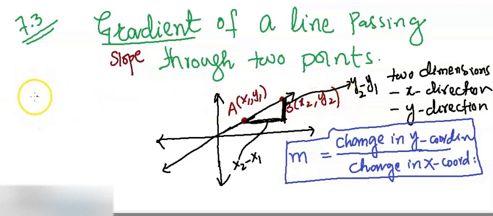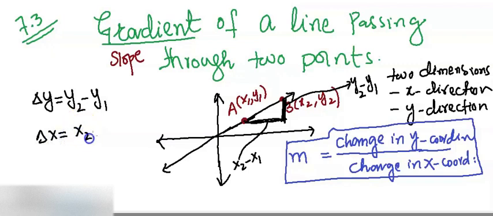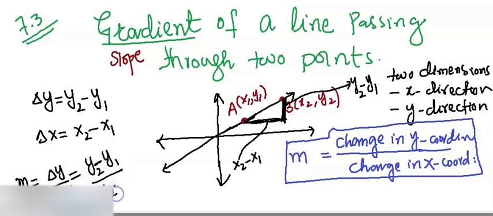So the change in y between 2 points will be y2 minus y1, and the change in x is going to be x2 minus x1. So the slope is going to be m equal to the change in y coordinate with respect to the change in x coordinate. So this is going to be y2 minus y1 divided by x2 minus x1.